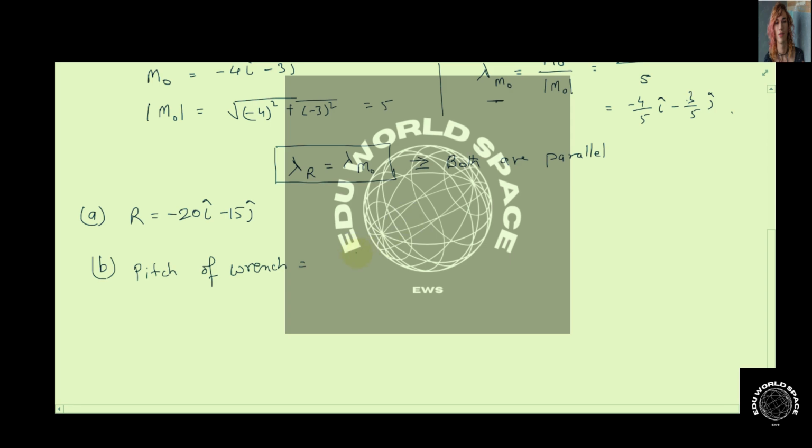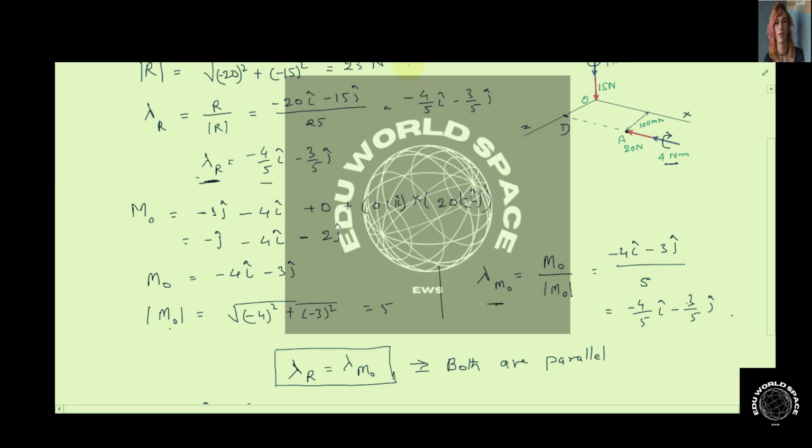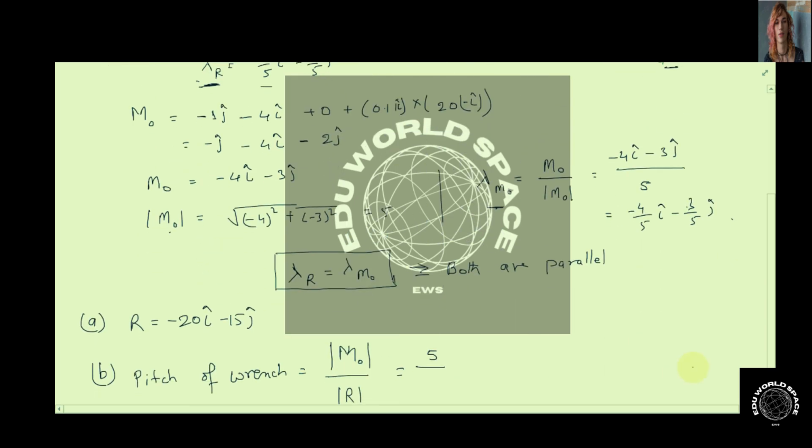Since both the vectors are parallel, we can directly divide the magnitude of the equivalent moment at the origin by the magnitude of the equivalent force. Mod of MO was 5 and mod of R we had calculated here was 25 Newton. So we divide by 25 and it comes out to be 0.2. So the pitch of the wrench is 0.2.